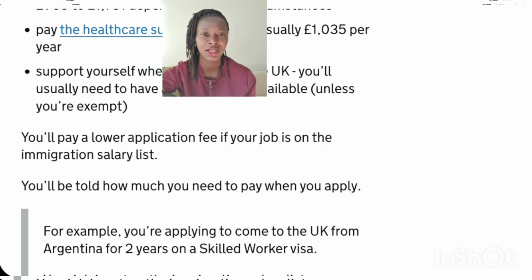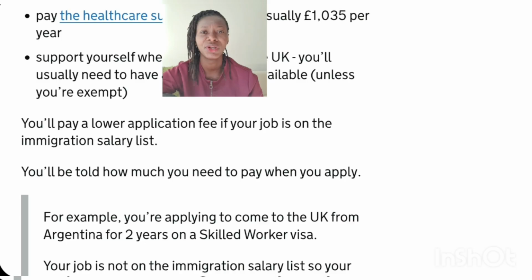Teaching is not part of it, so you are exempt from that. You will be told how much you need to pay when you apply. But remember, teaching is not on the immigration salary list.